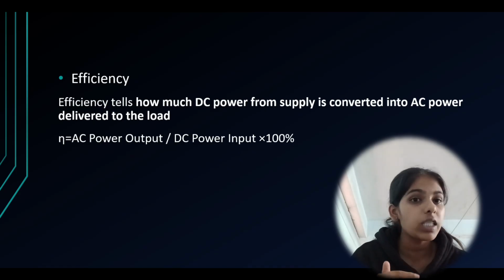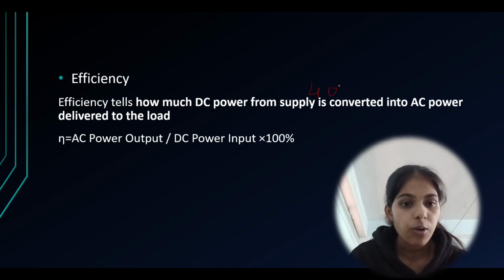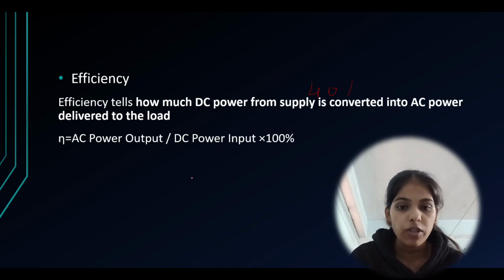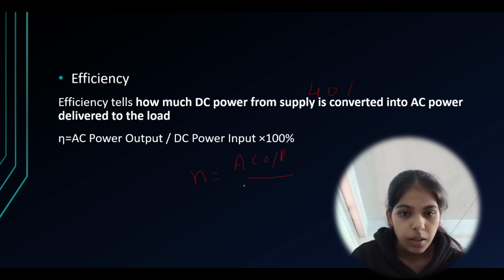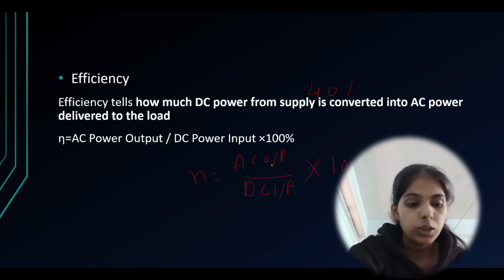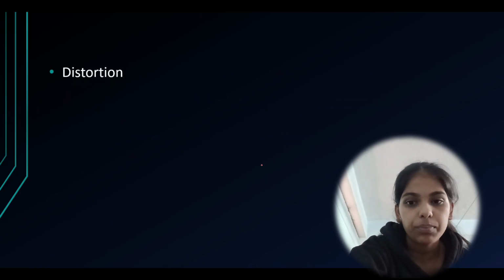So the efficiency is 40%. The formula of efficiency is: efficiency equals AC output power to the DC input power into 100%. So this is the efficiency.